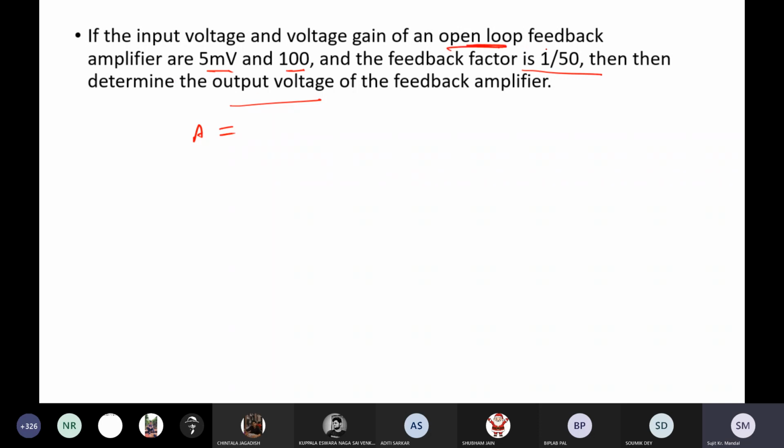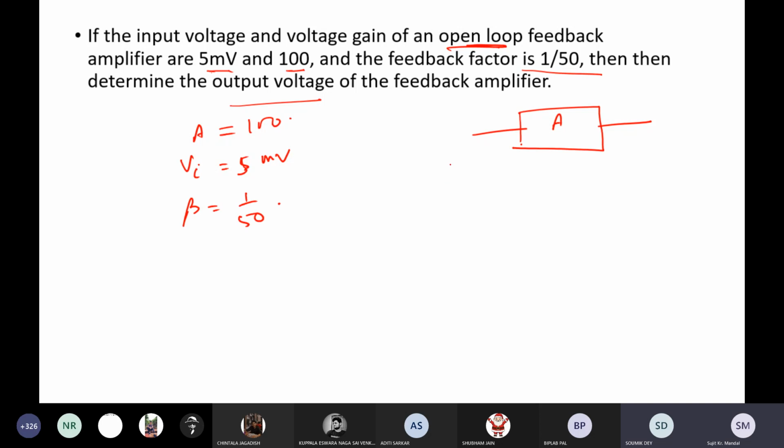The gain of an open loop amplifier, you should remember, that means the gain of the basic amplifier under open loop condition. That A is given here as 100. The input voltage is given as 5 millivolt, that means Vi is equal to 5 millivolt. Feedback factor, that is beta, is given as 1 by 50.